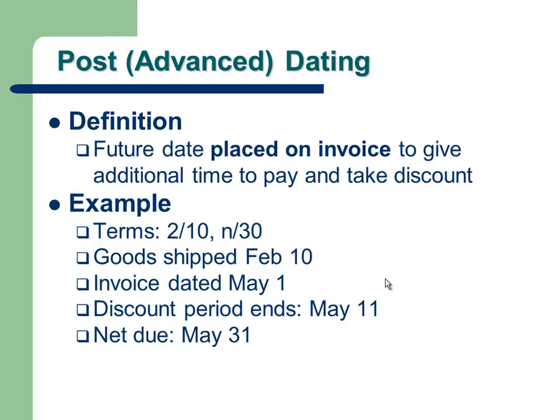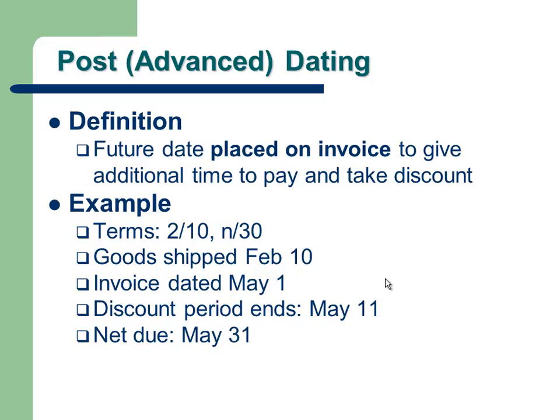However, if the vendor decides to put a future date on the invoice, the cash discount clock starts later, giving additional time for the buyer to pay the bill and still get the cash discount, just to extend the number of days that the buyer can get the cash discount.